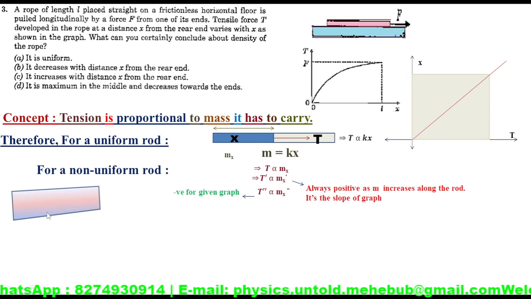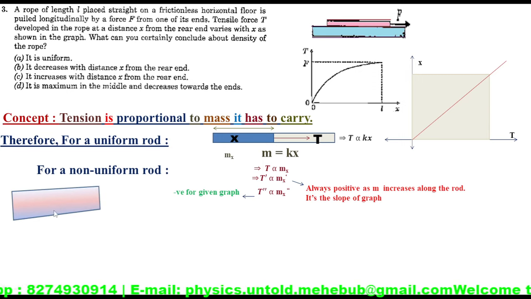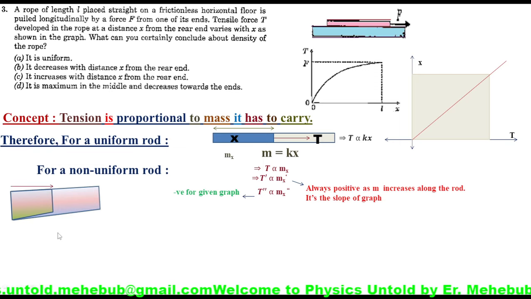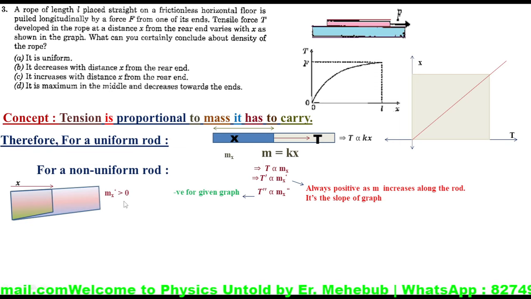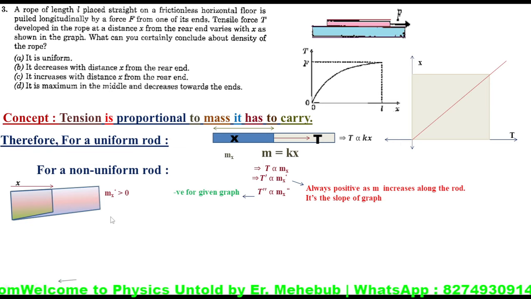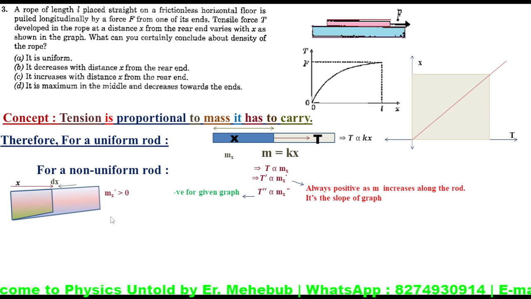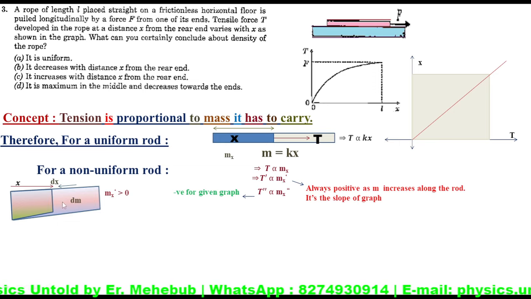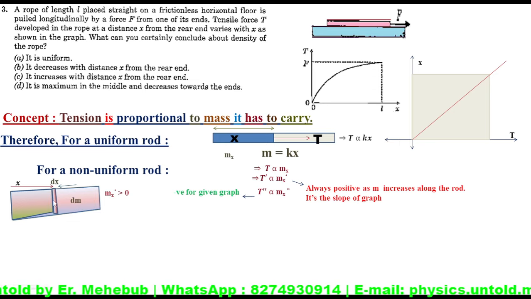So let us take a non-uniform rod which is varying linearly. For this non-uniform rod, if we cut a small segment up to this portion, and let this distance be x, then for this distance m(x) dot is greater than 0, because for this portion there is a small portion dm.